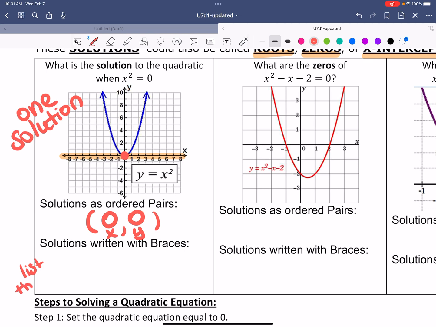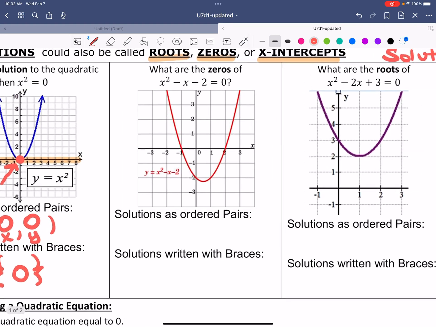List the x number. Since there's only one x-intercept, or one solution, we're only going to list one number, and you want to know the number at its x spot. So it crosses the x-axis at 0. Then you're just going to put braces around it to say that there's only one solution, and there's only one solution when it touches x at 0.